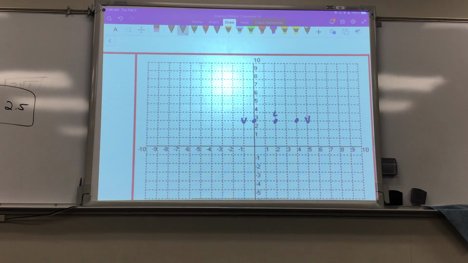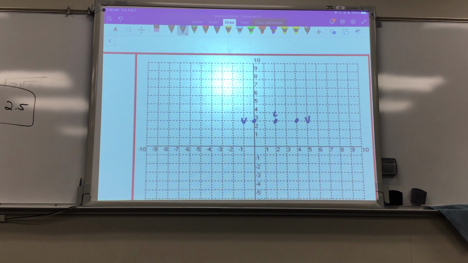And just with what I have now, what can I figure out? If I have the vertices and the center. Drew, what do you think? What else can I figure out?